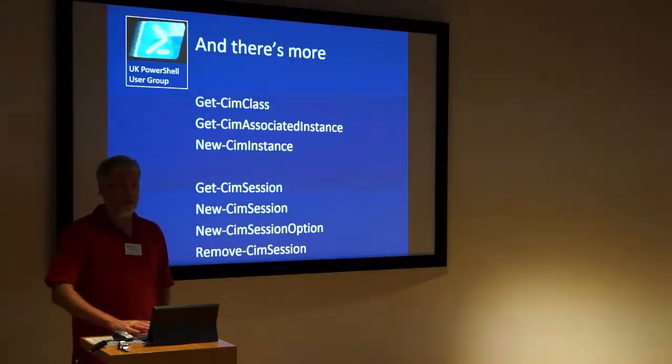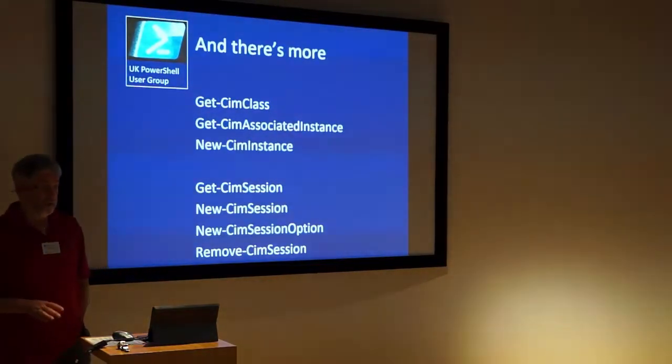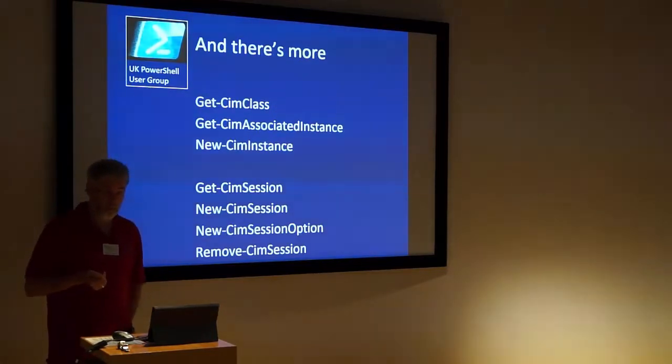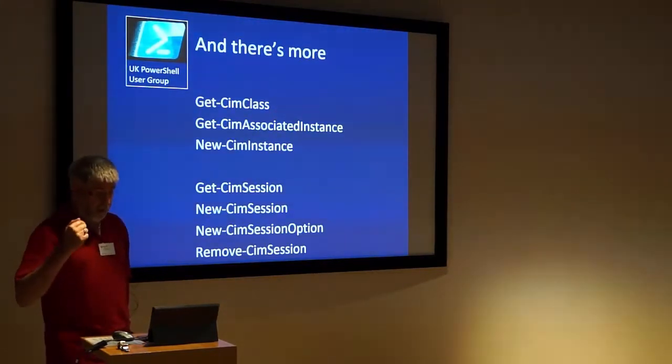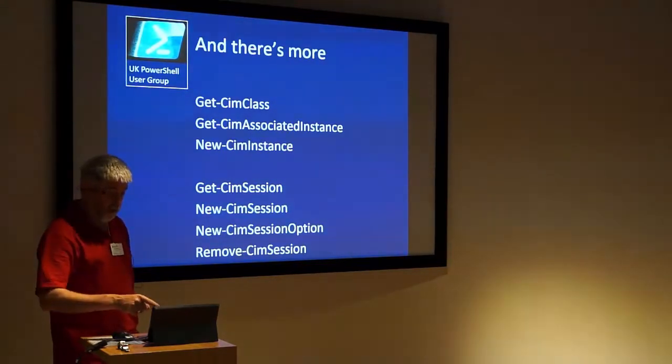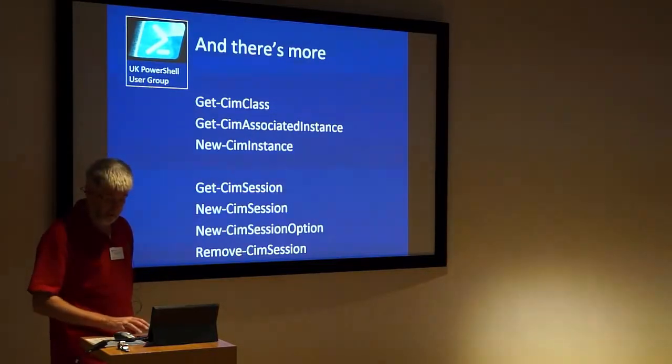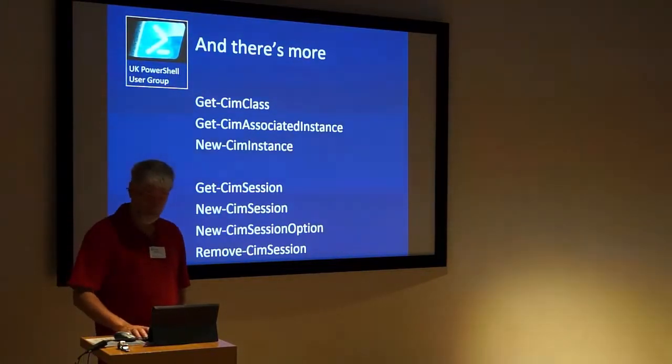With CIM cmdlets, they work over WSMAN exactly the same way that PowerShell remoting works, so you've got a very firewall-friendly method of communicating, and you can set up a session, and these work exactly the same way that the remoting sessions work. You've got very similar options, and you can do exactly the same things with them, and they work very nicely.